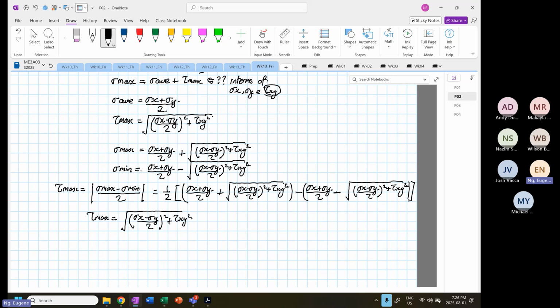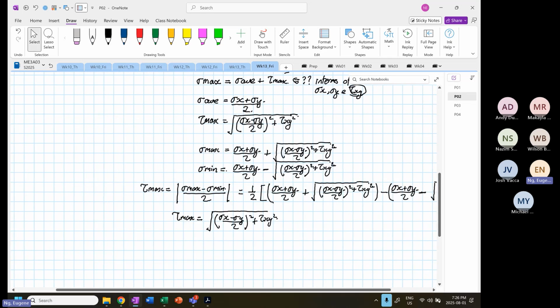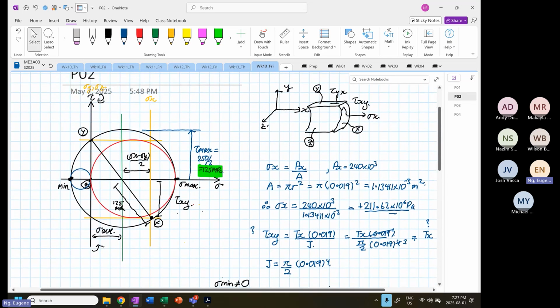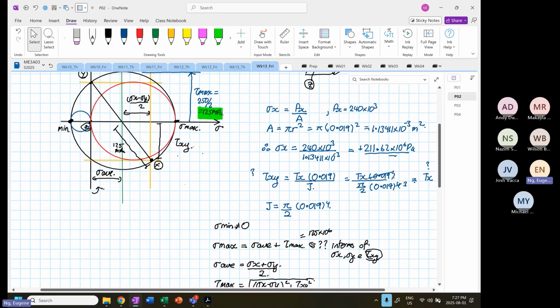Okay, we have that expression now. So now in the exam, if you want to memorize, it's entirely up to you. Or if you just want to remember how to draw the circle, it's also entirely up to you.